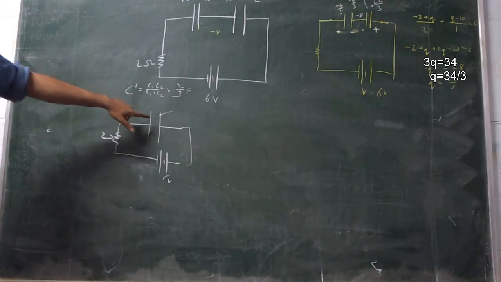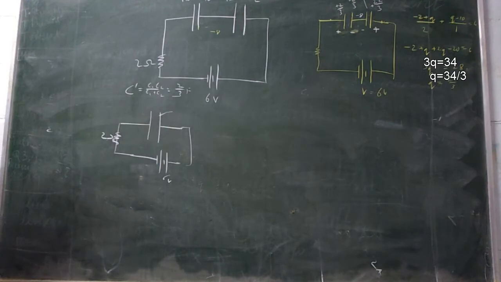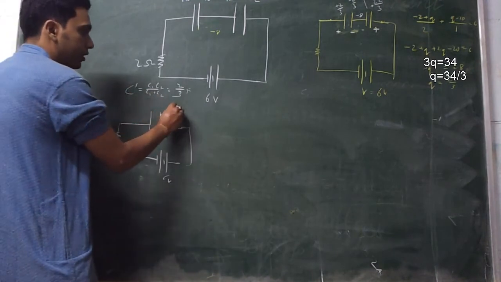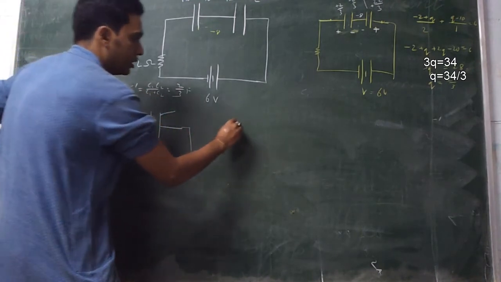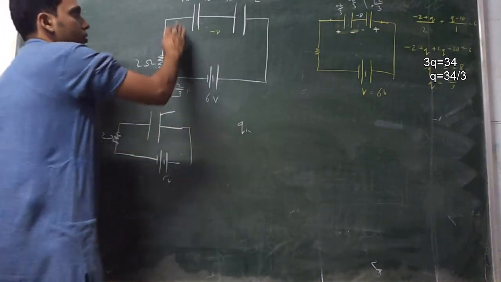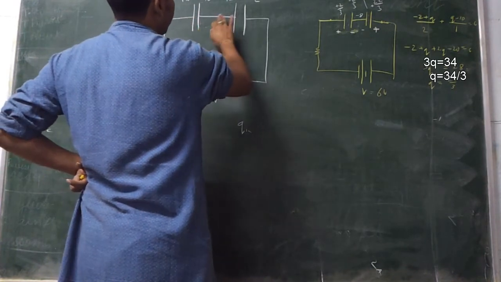This charge is the equivalent charge you will have to write, which is not actually there on any of the capacitors at this time. This equivalent charge would be equal to the initial charge. The initial charge q initial will be given by the voltage difference across these 2 points. The voltage across this is 10 and the voltage across this is 1.